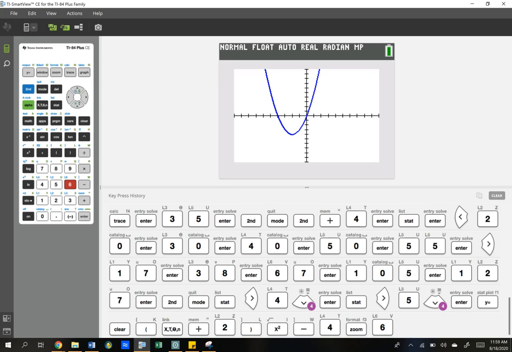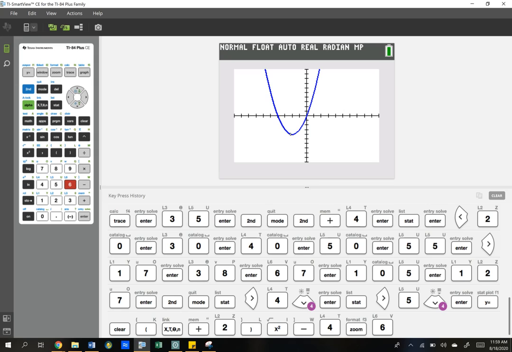Okay. Now, we know that our vertex is at -2, -4, right around here. So what I like to do is pick a point to the left and a point to the right, and I usually like to go the same distance left and right. So if my vertex and my axis of symmetry is happening at x equals -2, I'm going to go a couple to the left and a couple to the right.